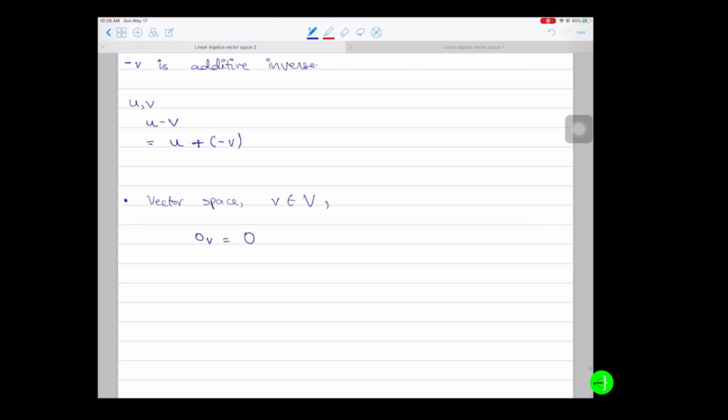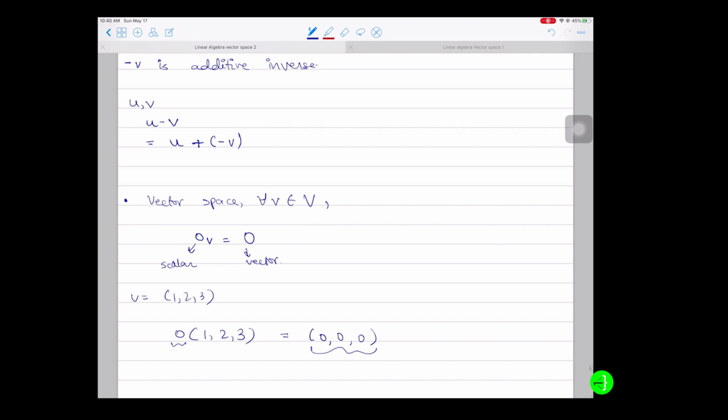For every element, if we multiply it by 0, we get back the 0. And here again, 0 refers to the scalar 0, and this 0 is the vector 0. For example, if we had V as (1, 2, 3), and if we perform this scalar multiplication, we get (0, 0, 0). So the 0 over here is the vector and the 0 over here is the scalar.